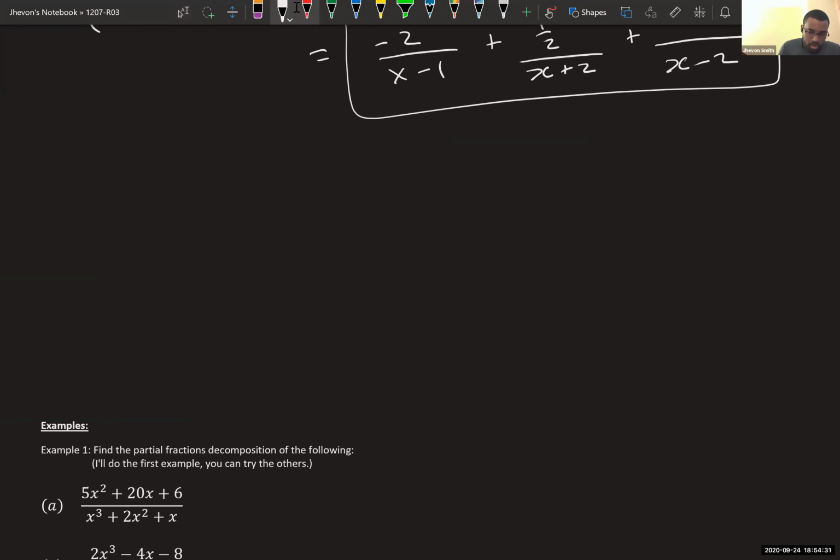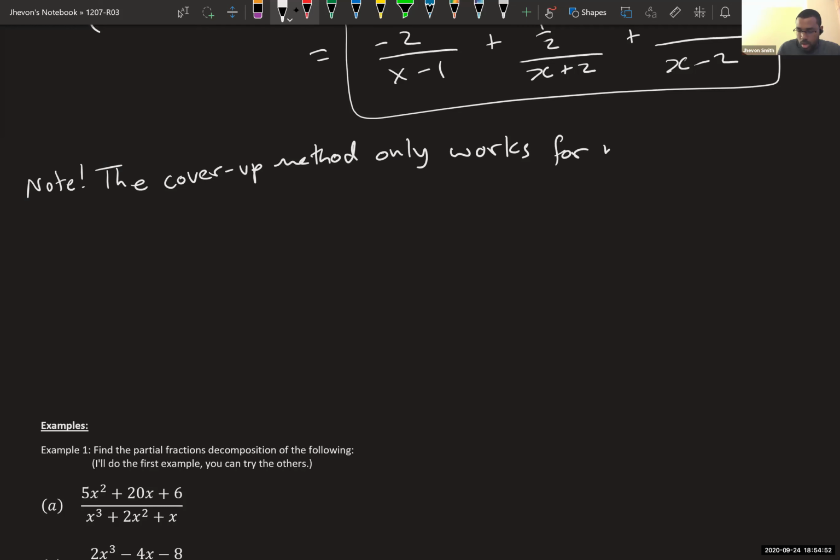So note this: the cover-up method only works for non-repeating linear factors, or the highest multiplicity of a linear factor.